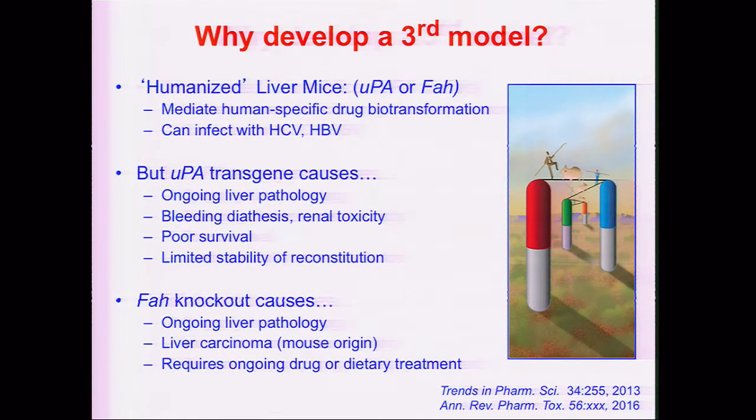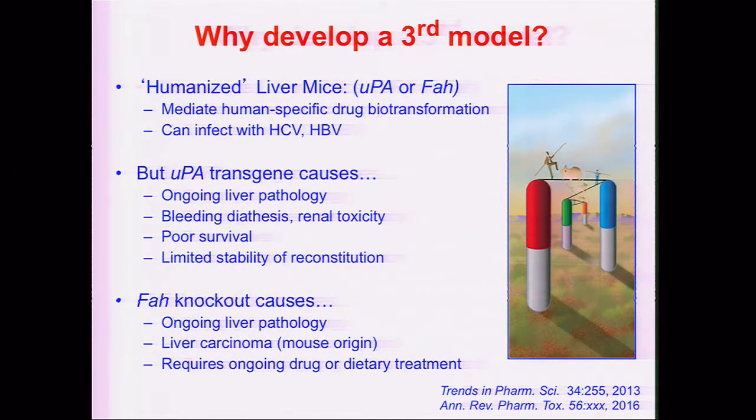So why do this? There were other models of liver humanization available, but at the time I didn't like them. It's because they either expressed a very nasty transgene, uroplasminogen activator, or had knockouts that created the damage in the liver, which allowed the human cells to replace.